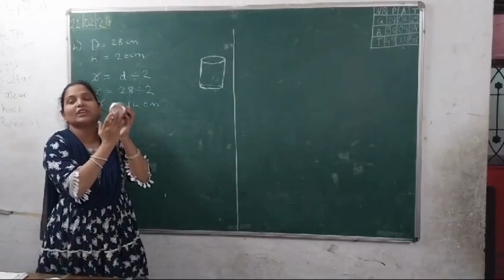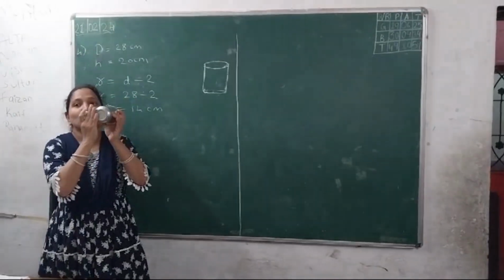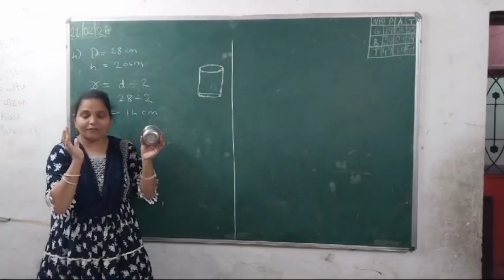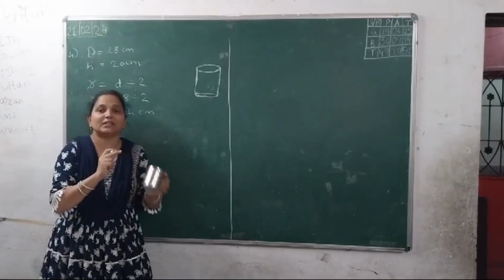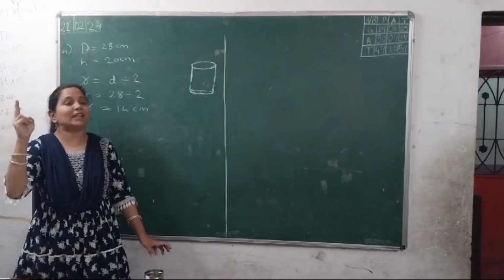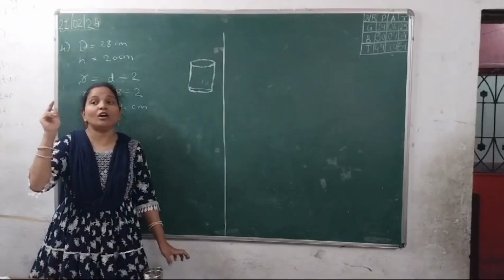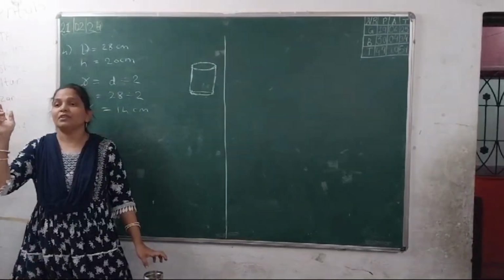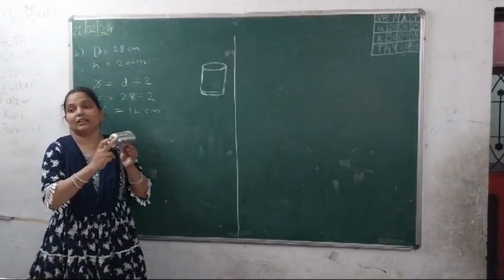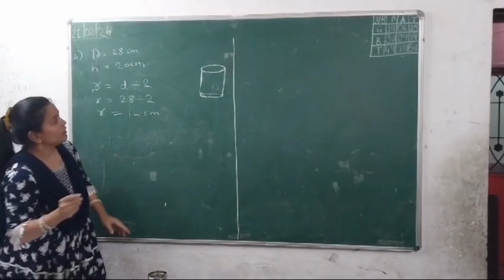And plus we can also see that there is a base. One base is given, that is also circular in shape. So to find the area of this container, I have to apply two formulas here. One formula is the curved surface area of cylinder, and the other one is the area of circle.